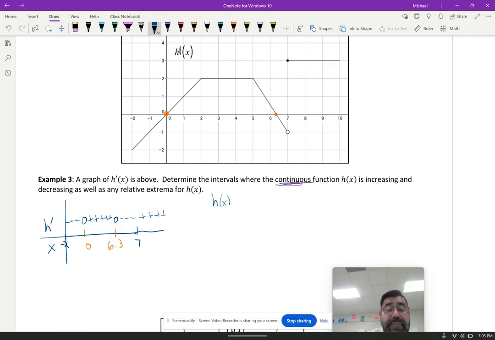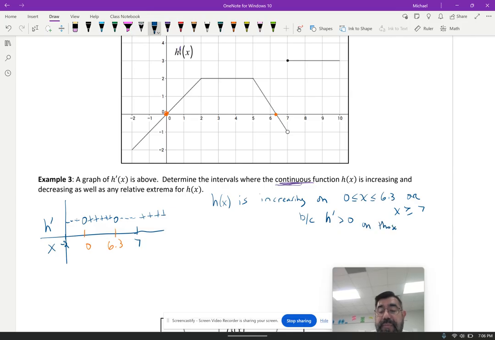So we're going to say this. H of X is increasing on intervals between 6.3 and 0 and 6.3, or for x's that are greater than or equal to 7, because h prime is greater than 0, it's positive on those intervals.